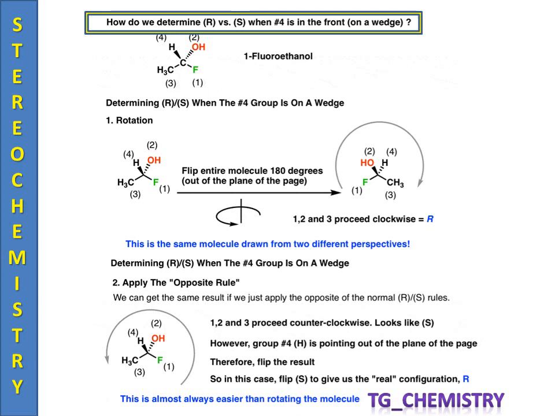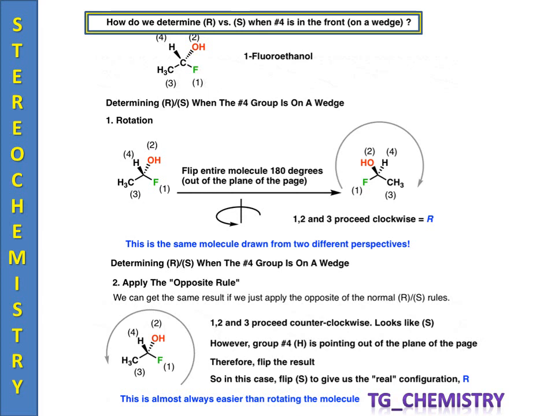So we just proceed from 1, 2, and 3, and it goes counterclockwise, right? If we go this way, it goes counterclockwise. So in that case, it looks like S, and the 4th priority group hydrogen is pointing out of the plane of the page.